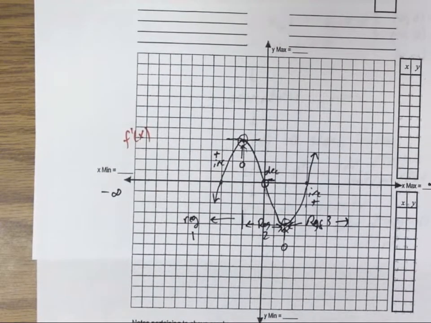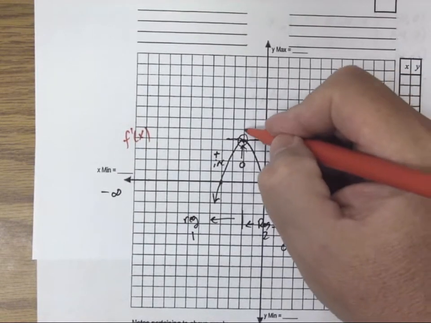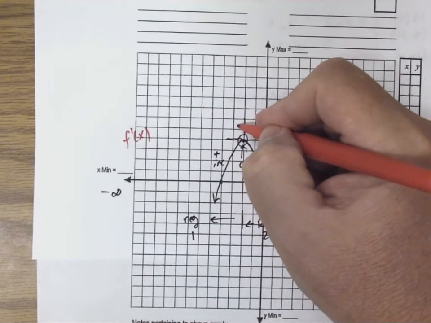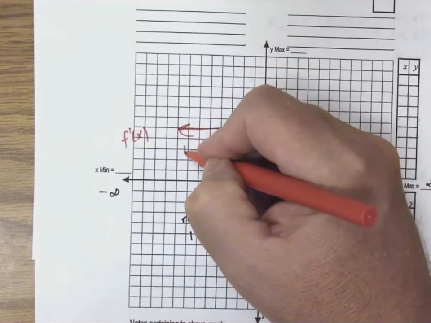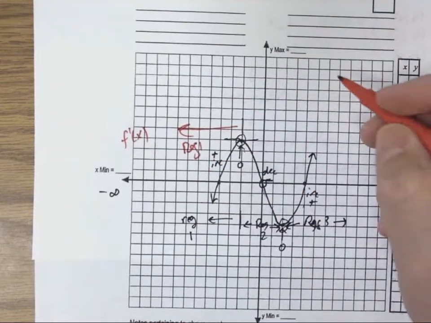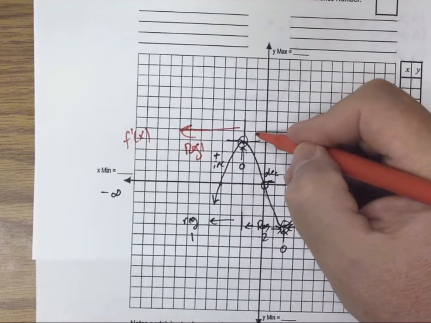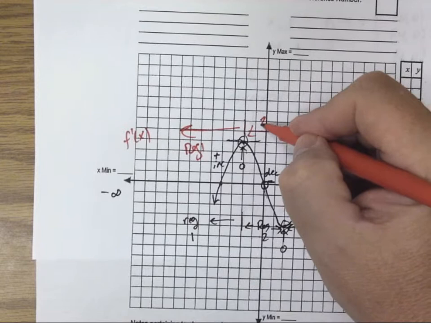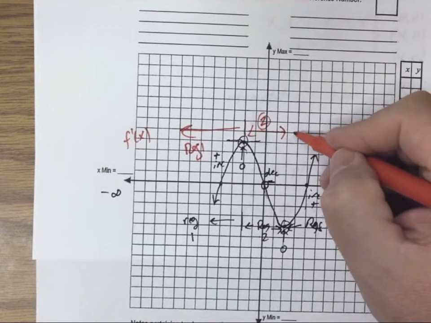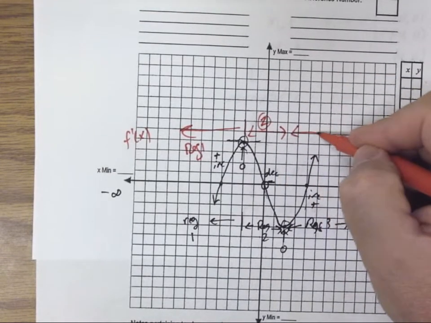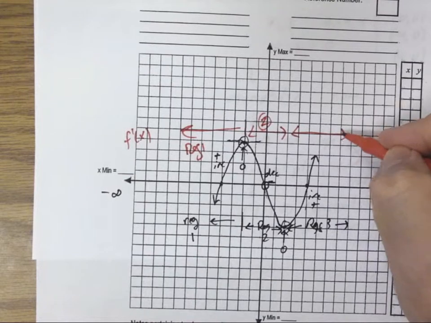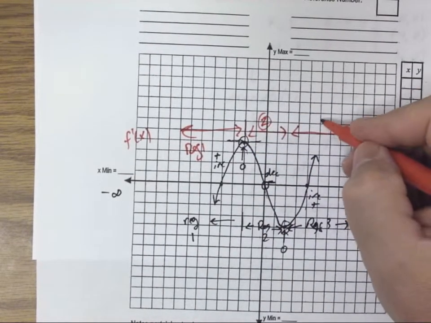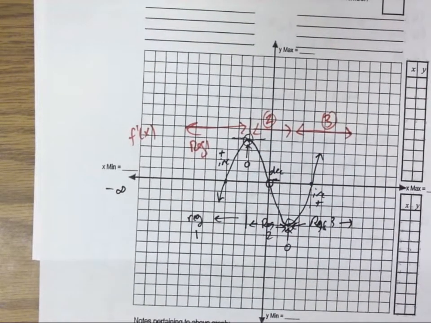If I break this up into the regions where the first derivative, or the slope, changes, then there's region 1, here is region 2, and there's region 3.